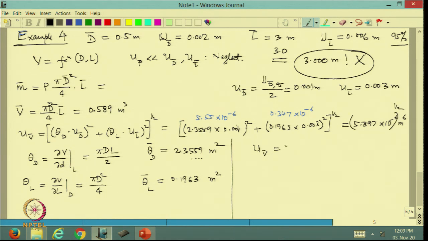This is equal to 2.4284 into 10 to the power minus 3 meter cube, and the expanded uncertainty at 95% confidence level will be double this value, and we can put this as 4.856 into 10 to the power minus 3, or 4.86 into 10 to the power minus 3 meter cube.